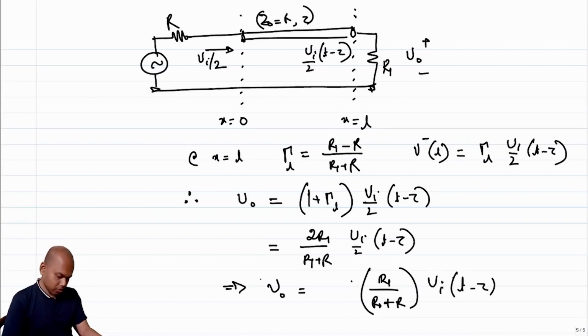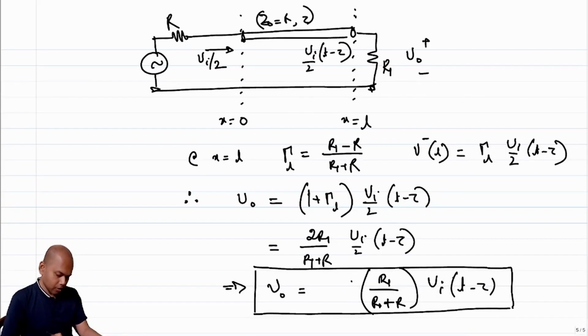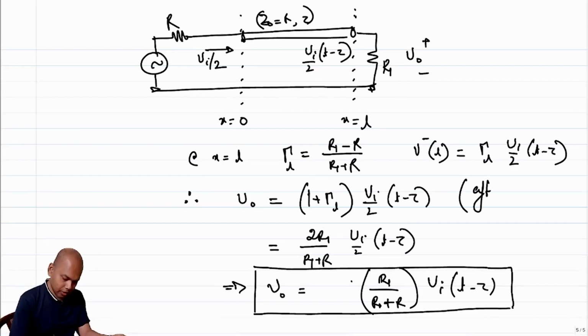Okay. So this is the output, right? And since I am only considering one reflection, I should write this as after one reflection.